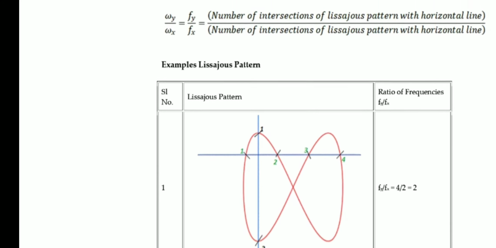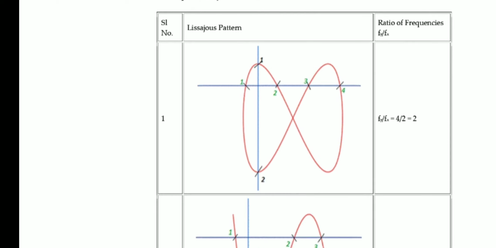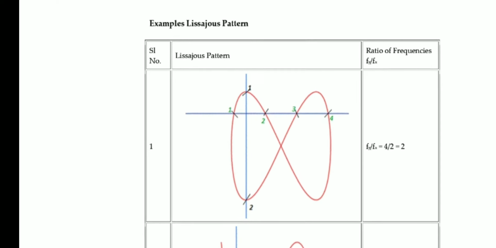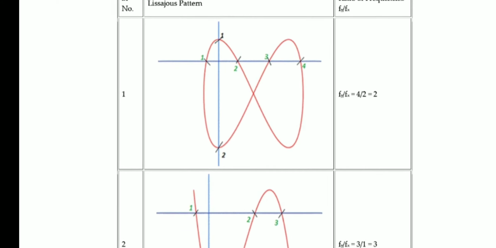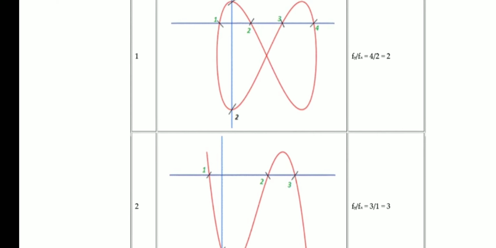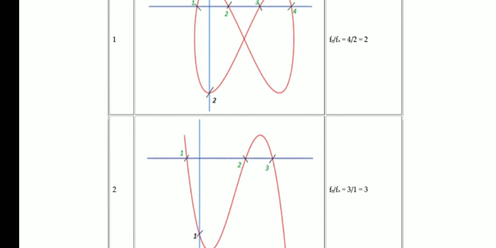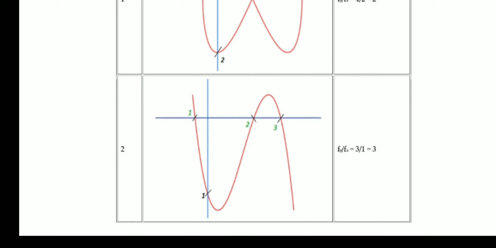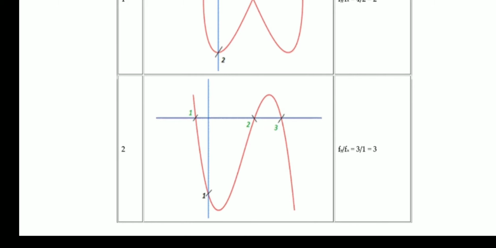So 2 times greater, right? We have got the ratio between the two waveforms, right? From this we will be able to estimate the frequency. See here, look at this pattern. It crosses the x-axis at 3 places and the y-axis at 1.